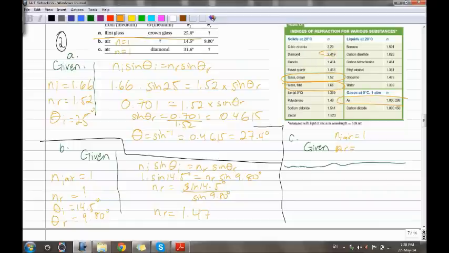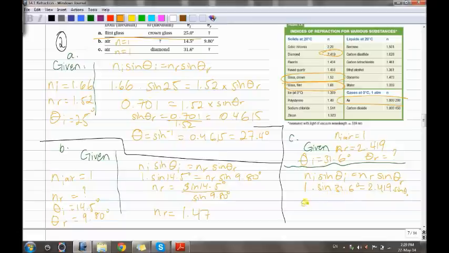It will be given as 2.419, and then theta I is given, which is 31.6 degrees, and theta R is what we need to find. So I apply the formula. Ni, which is 1, times sine theta I, which is 31.6 degrees, equals Nr, which is 2.419, times sine theta R. So this will be sine 31.6.